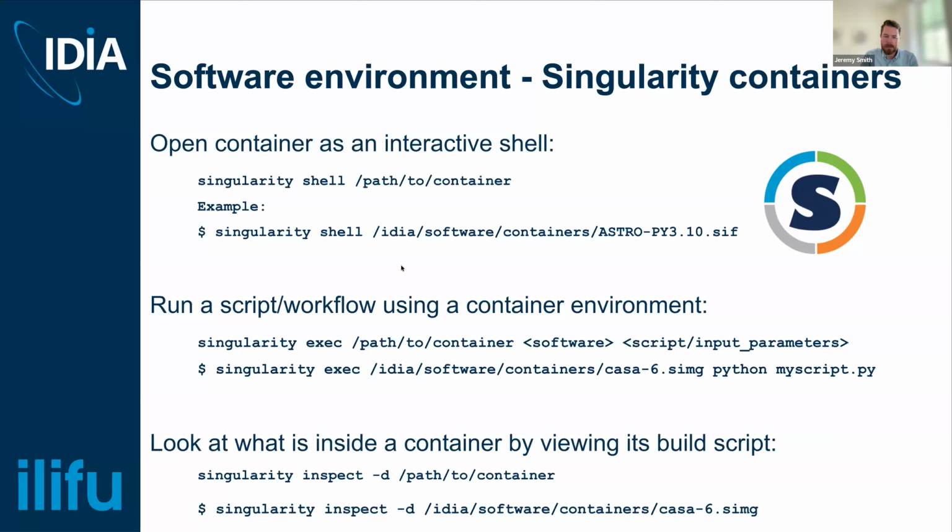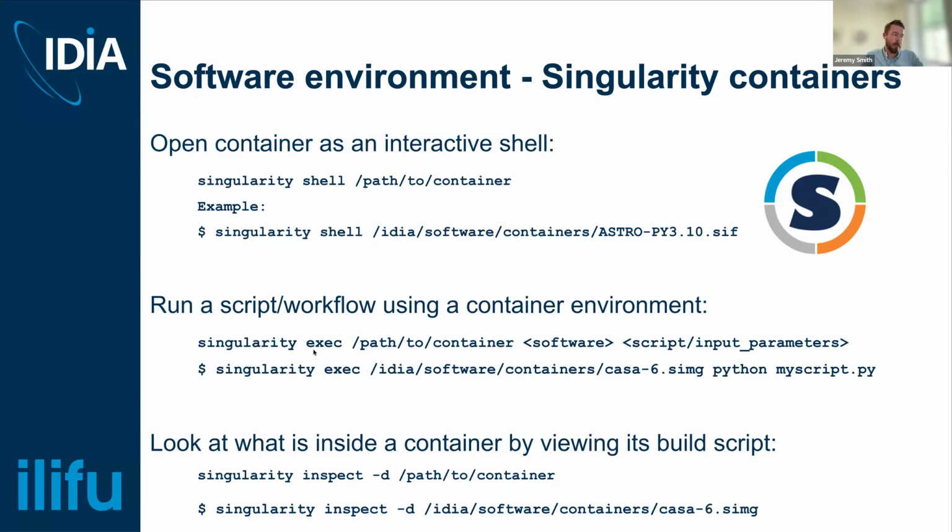Alternatively, and as I mentioned, this is how you submit jobs to the cluster, you can execute a script using singularity and the exec command. You have to specify the container you want to use, and then the software inside the container and any script or input parameters that you need to pass into the software.